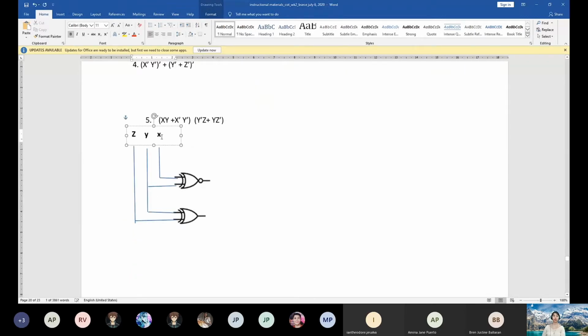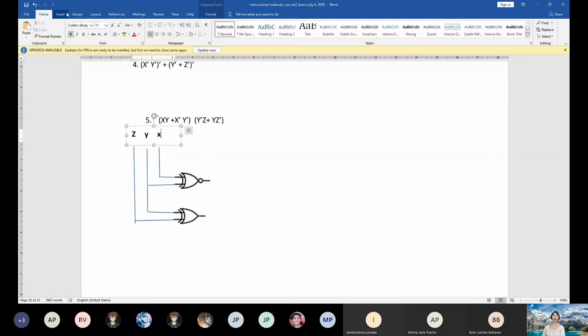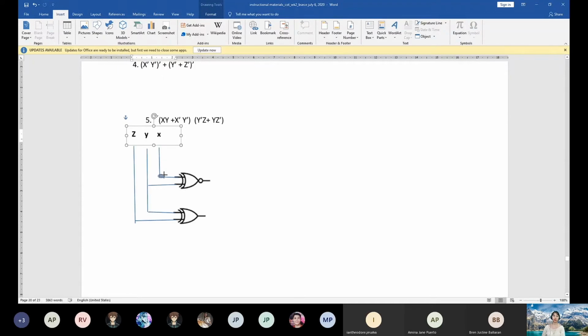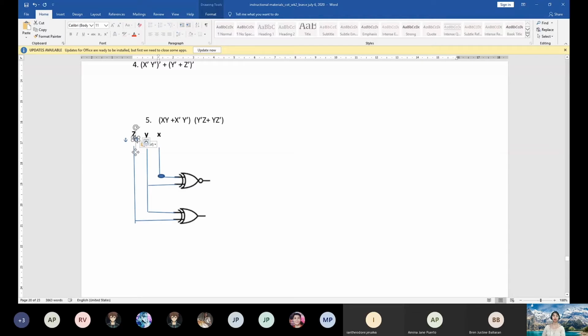Okay, so ZYX, so we have XY plus X prime Y prime, which can actually be represented by an XNOR. Okay, so XNOR. So again, we will use heavy node, heavy node means connection. What else?